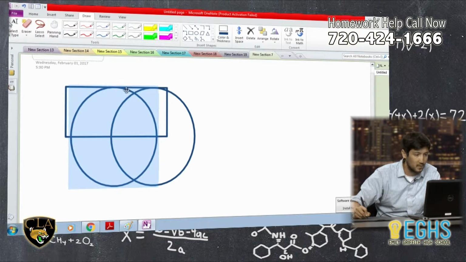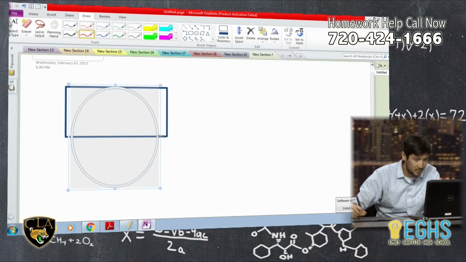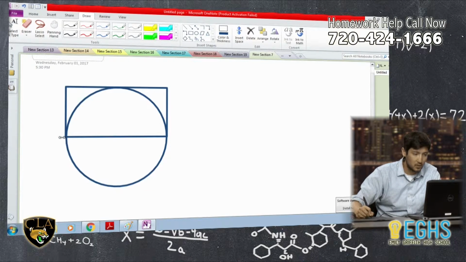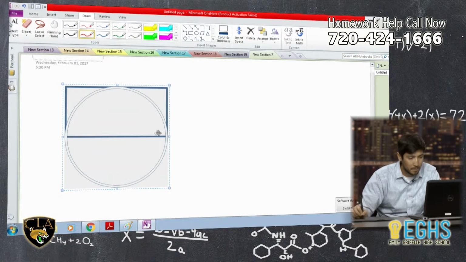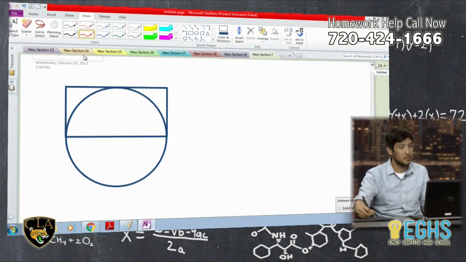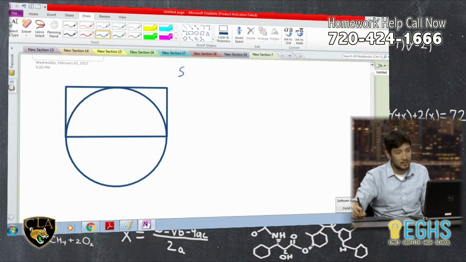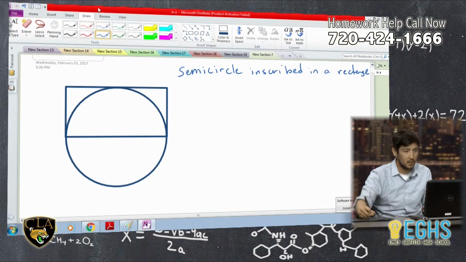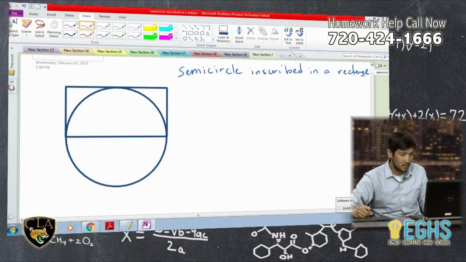I can't move it once I've decided it's good, I guess. So we look at this, and you'll notice I am not putting the entire circle inside of here, and that's because the question said it was a semicircle inscribed in a rectangle. So if you notice here, this is the semicircle that's being inscribed.